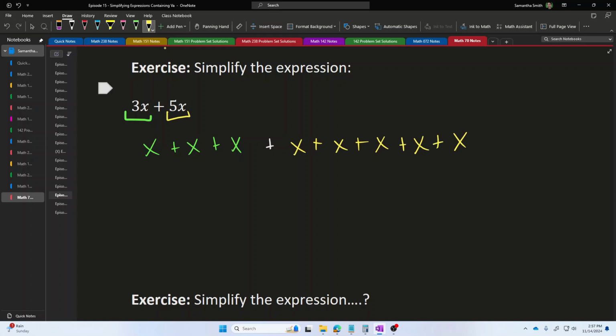So if I have 3x and I have 5x and I add those expressions together, what I am essentially doing is taking a pile of three added x's and putting it in a pile with five other added x's. And in total, I have 8 copies of x added together.